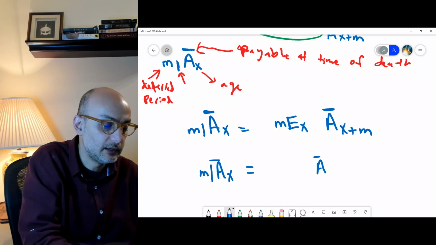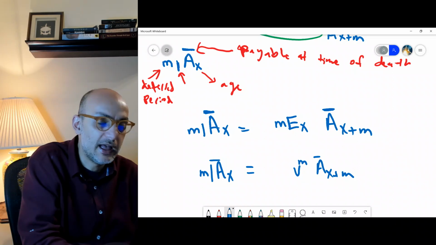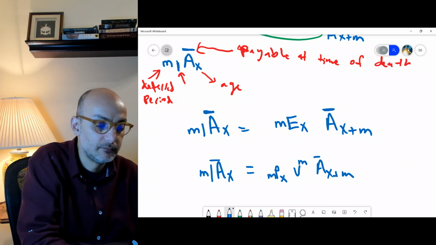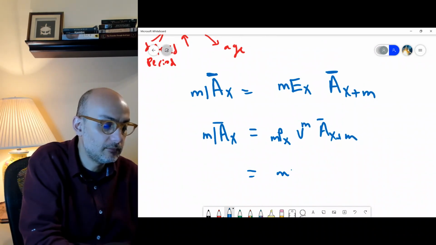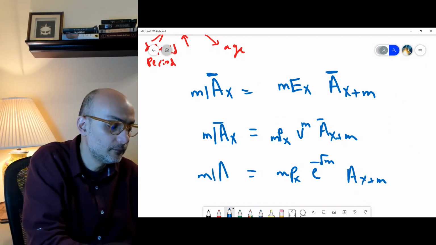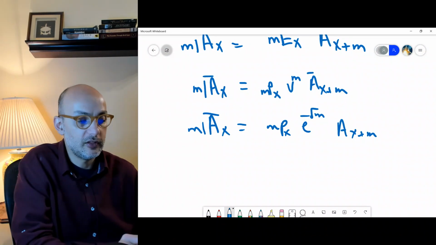It's not only the present value v^m; you also add the probability to survive, because for actuarial present value you need the probability for a life aged x to survive to age x plus m. It can also be written as mpx times v^m, or e^{-δm}, times A_{x+m}. This is the deferred insurance.